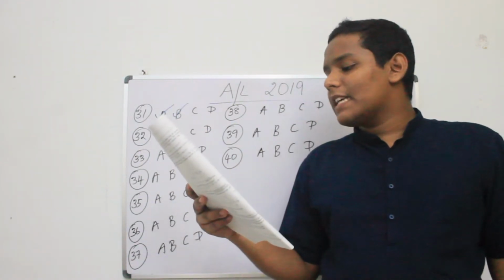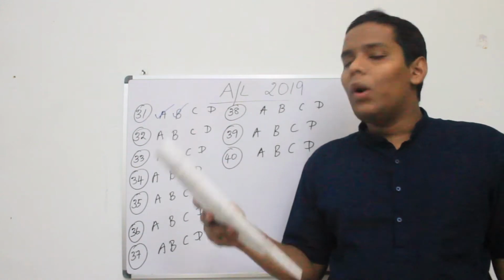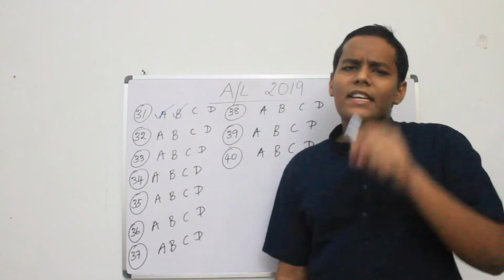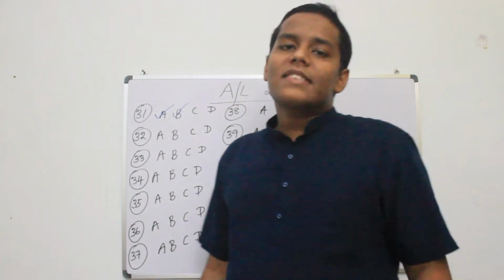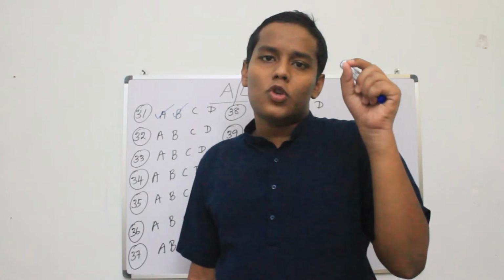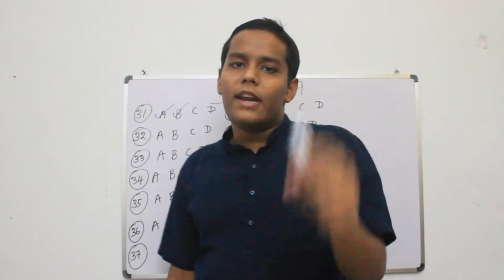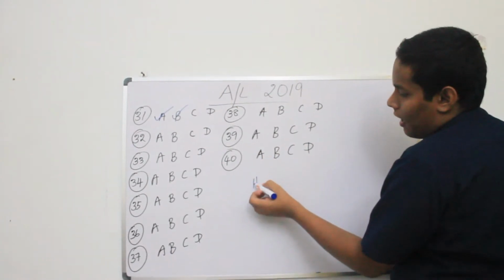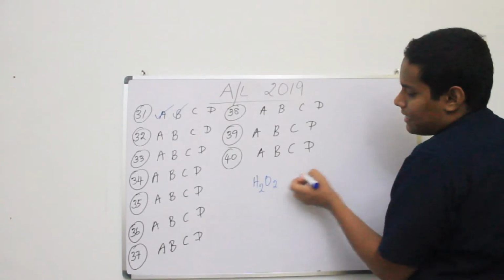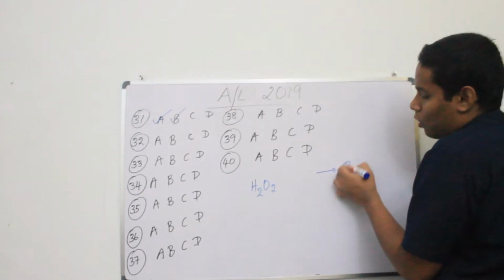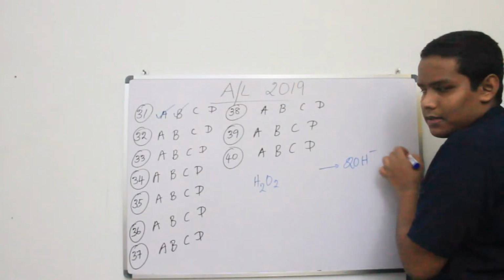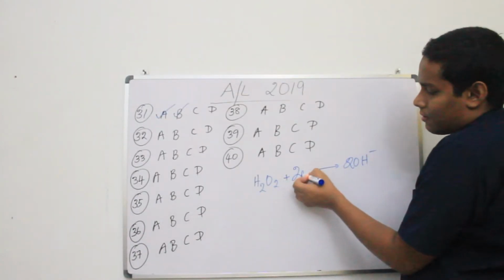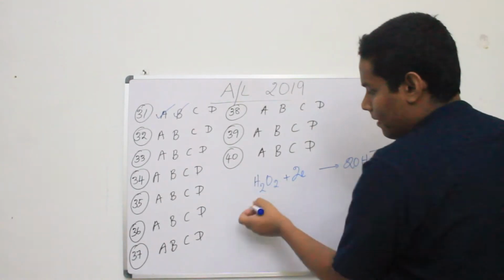C. H2O2 can act as an oxidizing agent only in the acidic medium. What is an oxidizing agent? It should have the ability to undergo reduction. Imagine in the basic medium, H2O2 goes to 2OH minus, with 2 electrons. This is in one particular medium.